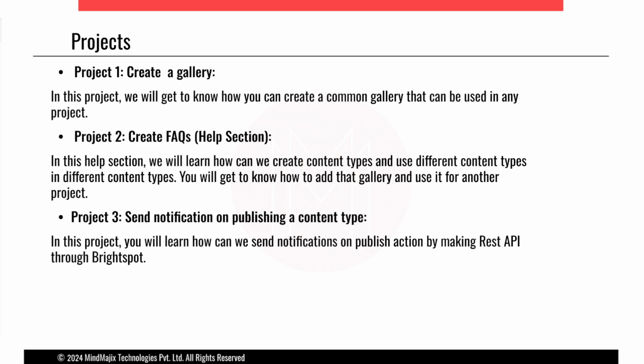We will see how we can send a notification to the user in the Node.js application that a new content type has been created in Brightspot, or you can go directly and go through that content type. So this will be a major project from our side. We will be doing it here.